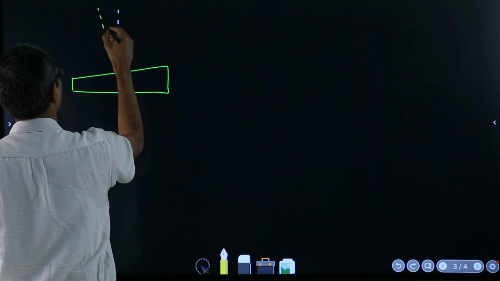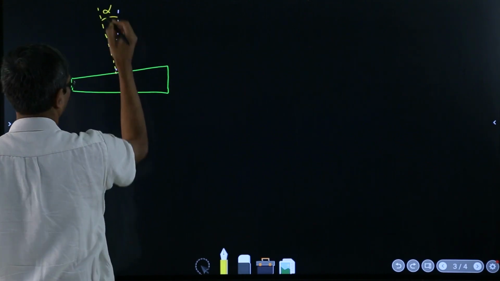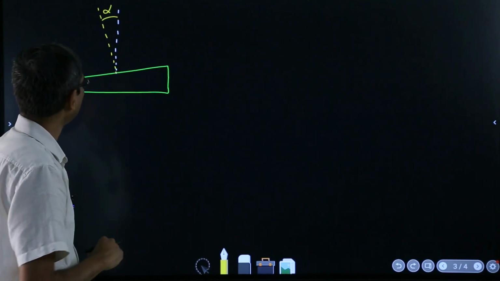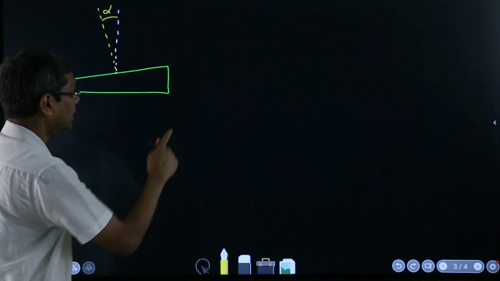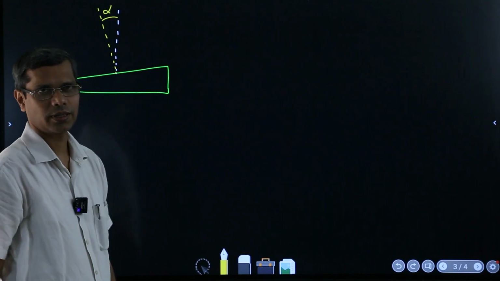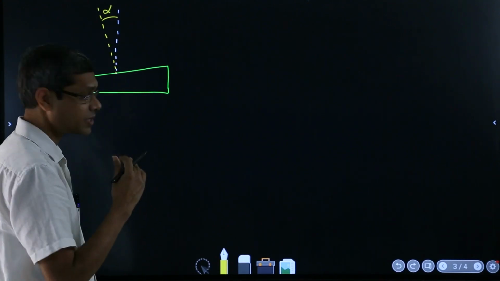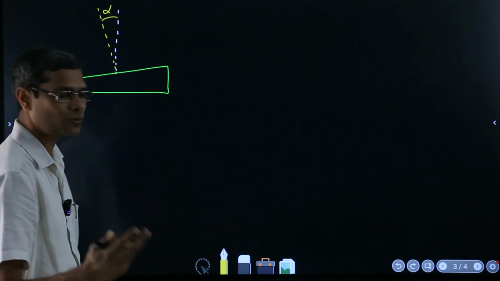So this angle is anyway alpha. Now there is no sideward force, so it will be subjected to only two forces. Now it will become a two force member.